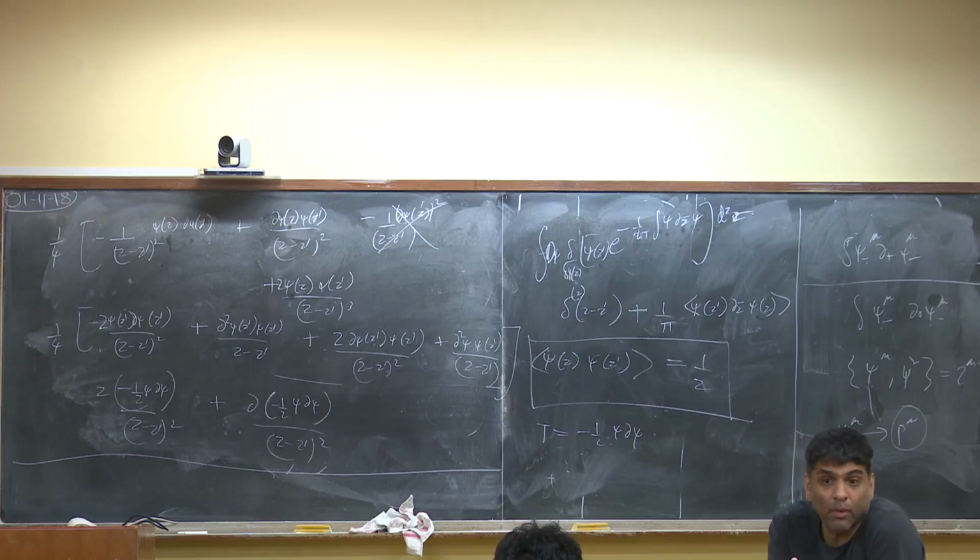Now, how are we going to do that? See, we've used up all our old symmetry. We just had conformal invariance. We've used it up by getting rid of the bosonic oscillators. All the fermionic oscillators will still be left.